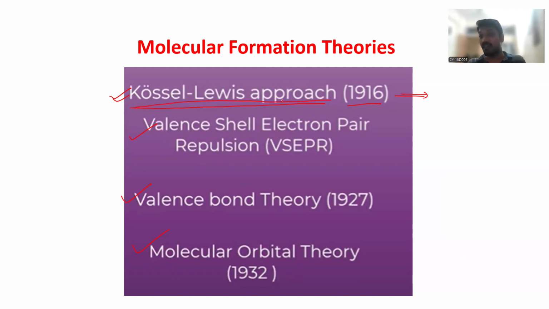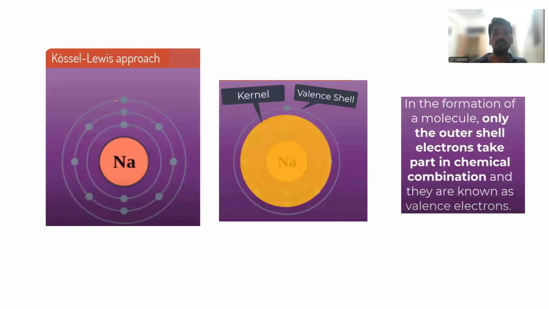Okay, and how does this approach define molecular formation? The Kossel-Lewis approach tells that the atom consists of a positive nucleus. This is the nucleus, we know that, and it is surrounded by an electronic cloud, which consists of the K shell, L shell, M shell, and so on.